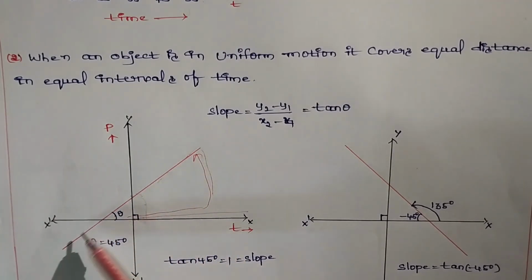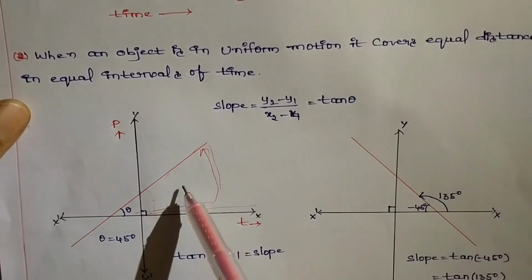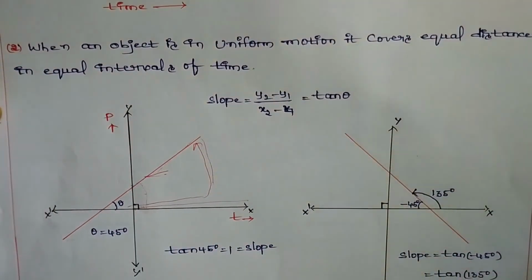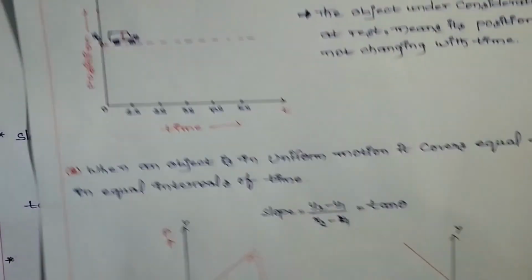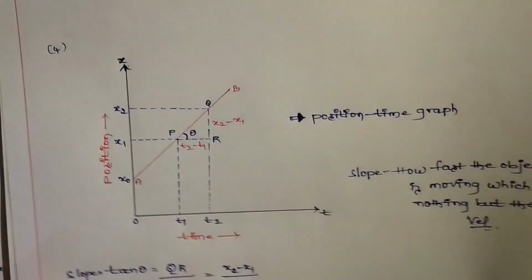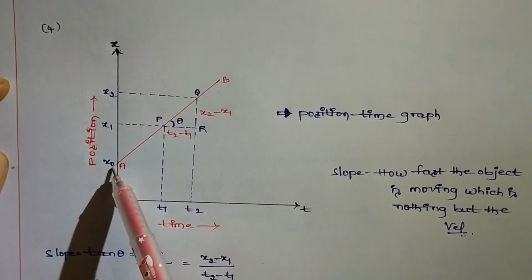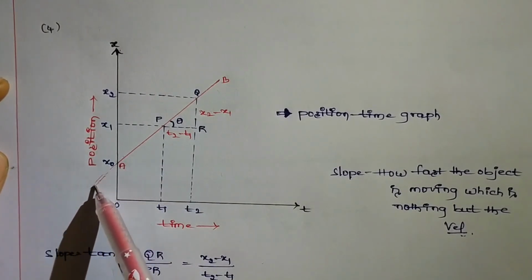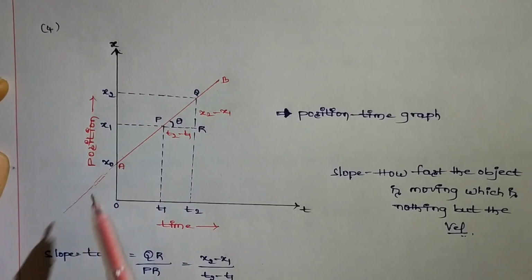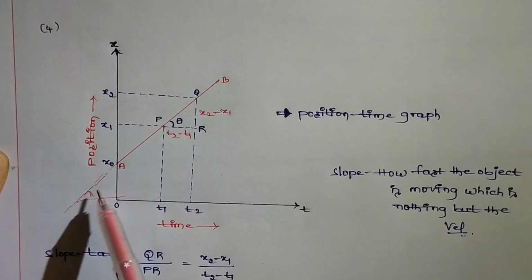If we extend this line, the same angle is made with the x-axis. If we take the slope in this graph, here it is angle theta. The same angle with the x-axis if we extend this line, same angle we can get.